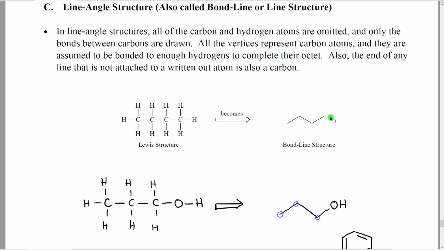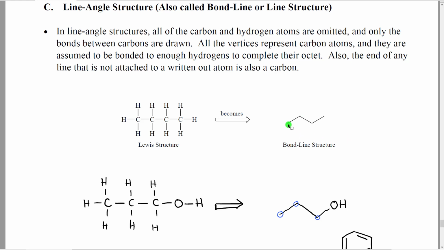Since these are all carbons, we're going to just leave them blank, not write atomic symbols, and we are going to assume that unless there is a charge or a lone pair on the blank carbon atoms, those carbon atoms are completely filled with enough hydrogens to give the carbon 4 bonds, which is its normal desired number.